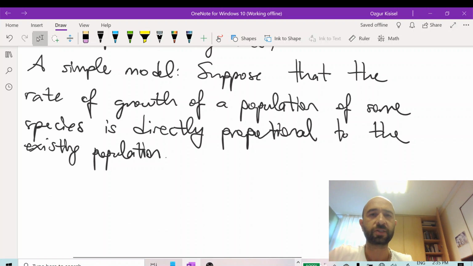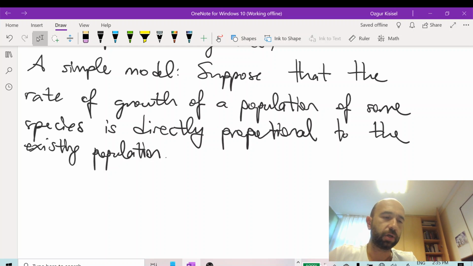Okay, this is a strong assumption. Well, it's saying something like, okay, the bigger population you have, the more offsprings it has, because there are more members of the species to reproduce. So the rate of change of the population is also proportional to the population itself.